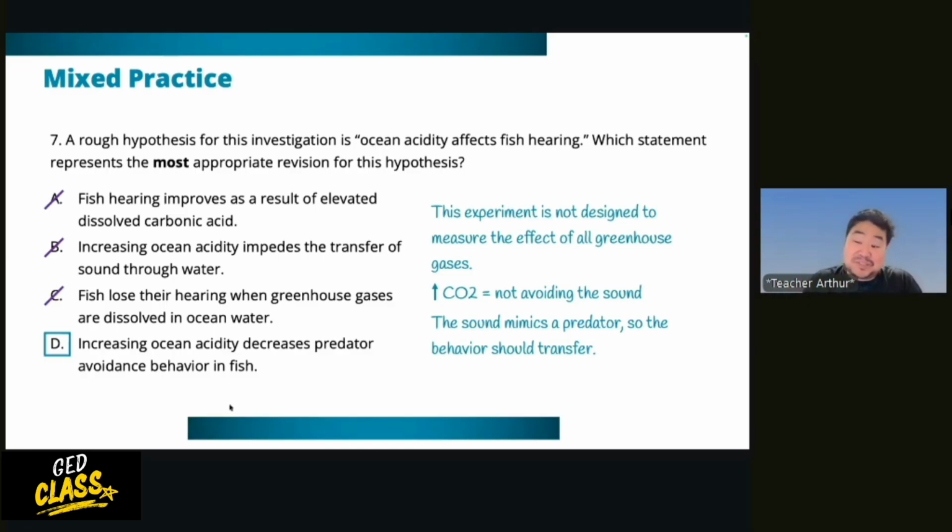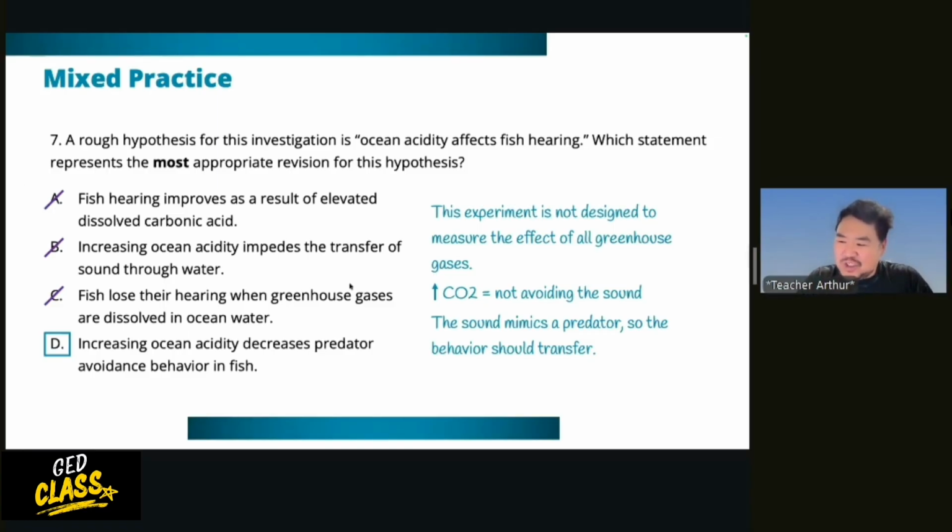What's the problem with answer choice B? Increasing ocean acidity impedes the transfer of sound through water. What's the problem with that? Yeah, if you see what Ruedo mentioned, it's a little too far, right?